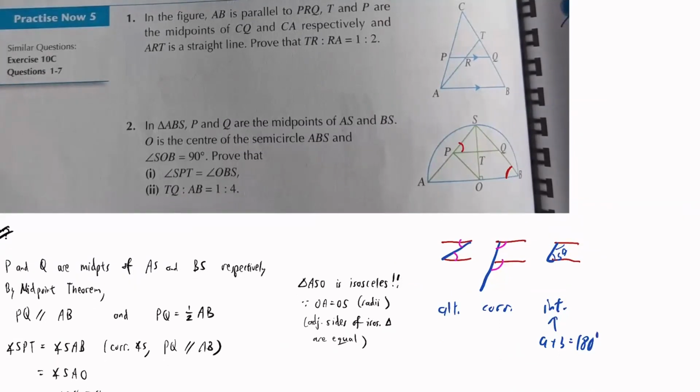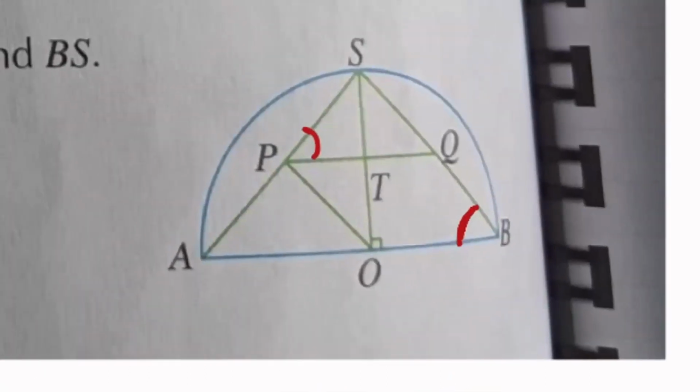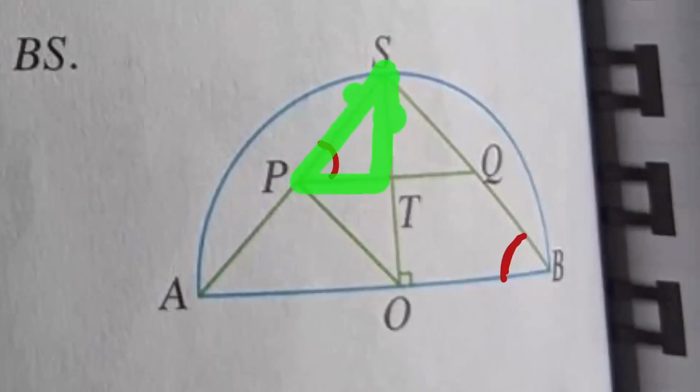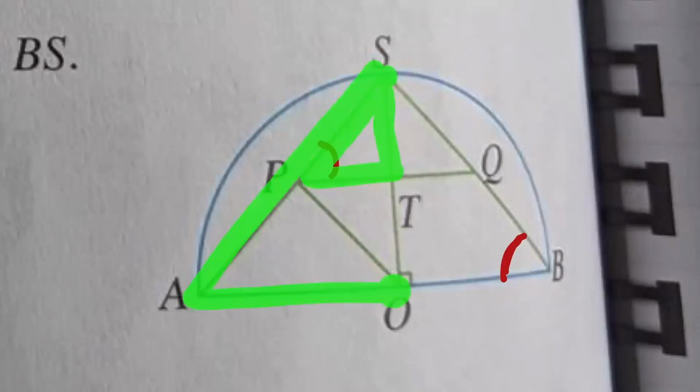Part 2 is that the ratio of TQ to AB is 1:4. So let's take a look. Can you see that these two triangles are congruent? STP and STQ? Okay. But of course you need to prove it. I tried to write up a proof below. The basic idea here is that SPT and SAO are similar, right?